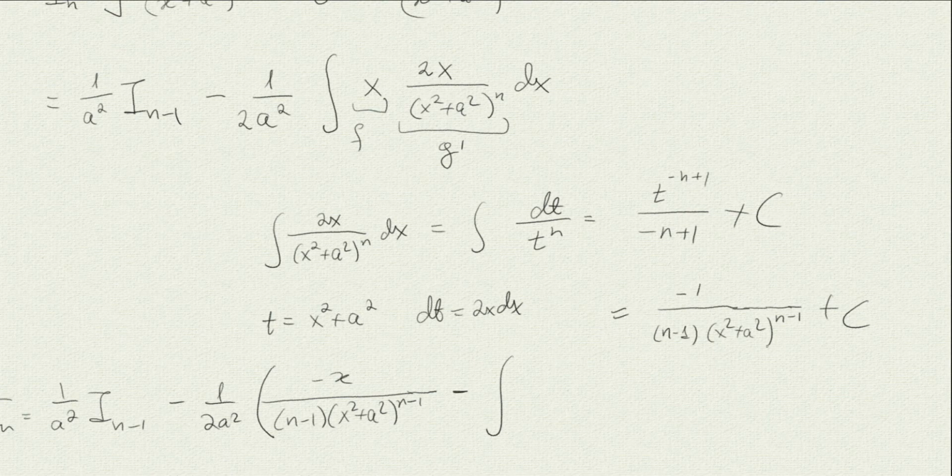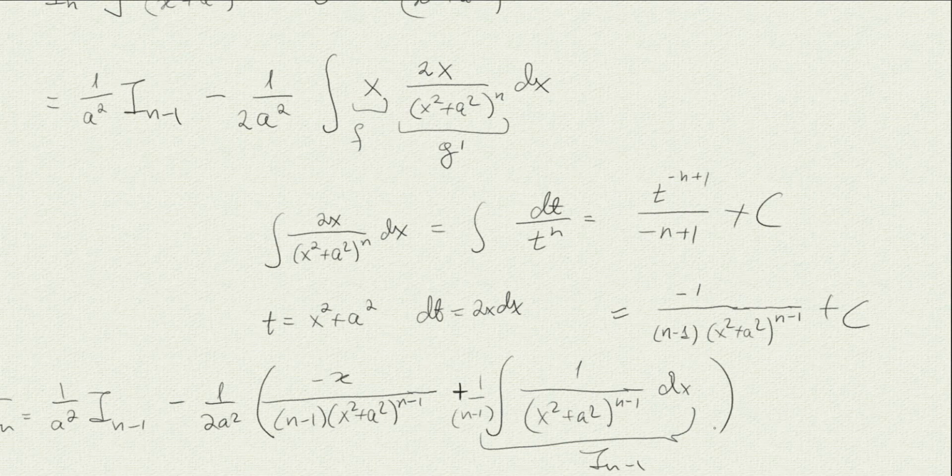And then we plug this in for g. We have here minus and here minus, so we'll turn it into a plus. And here we're going to have 1 over n minus 1, and this is x squared plus a squared to the power of n minus 1 dx, and this is just I_{n-1}, and close the brackets.